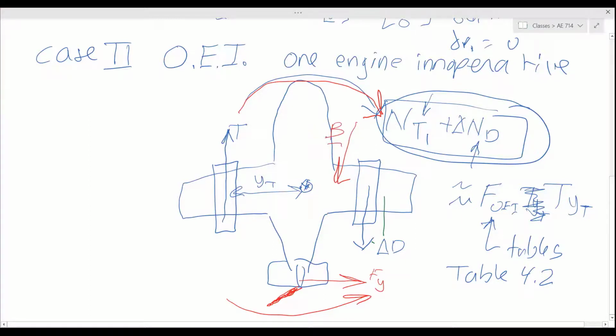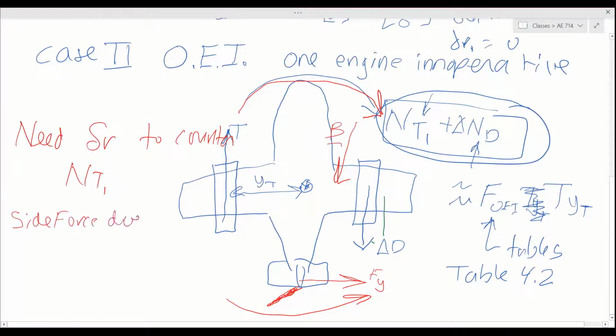So the way you can think about this is you need rudder to counter the thrust yaw moment, and then the side force due to rudder gives you some beta.